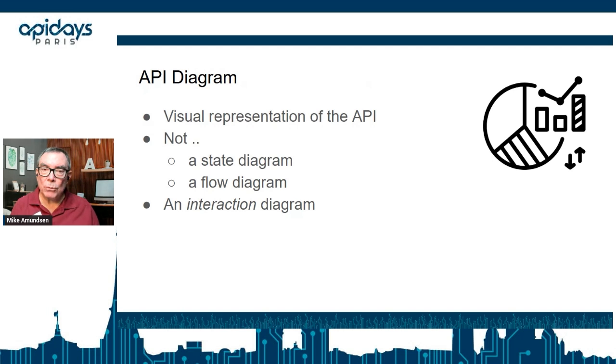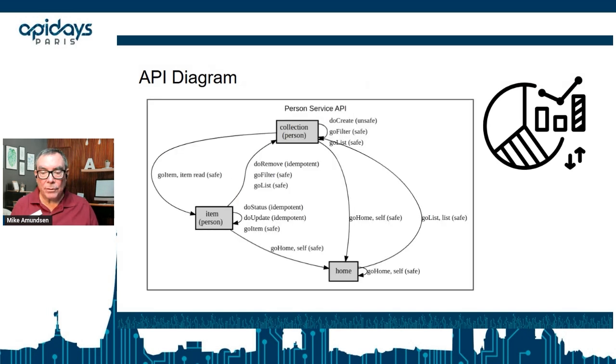And when I say a visual representation of the API, I'm not talking about a technical state diagram or a workflow diagram that shows how you navigate a certain set of steps or how you complete a certain set of tasks. I refer to it as an interaction diagram. Some people refer to it as a connection diagram.